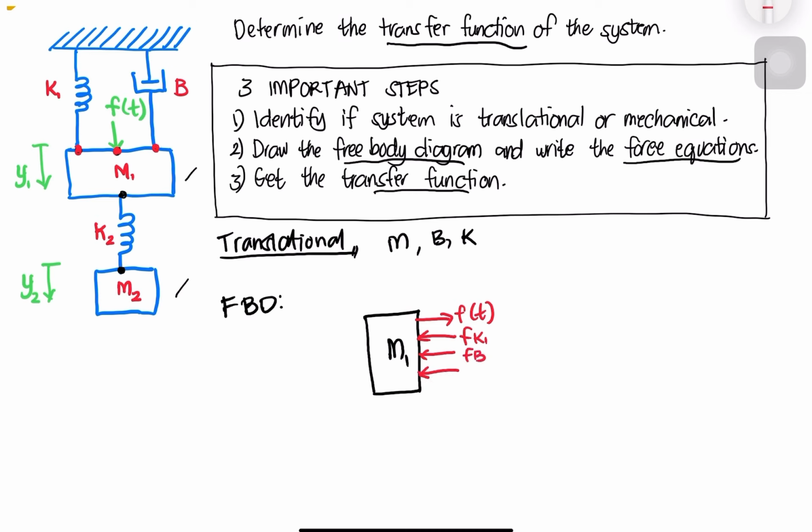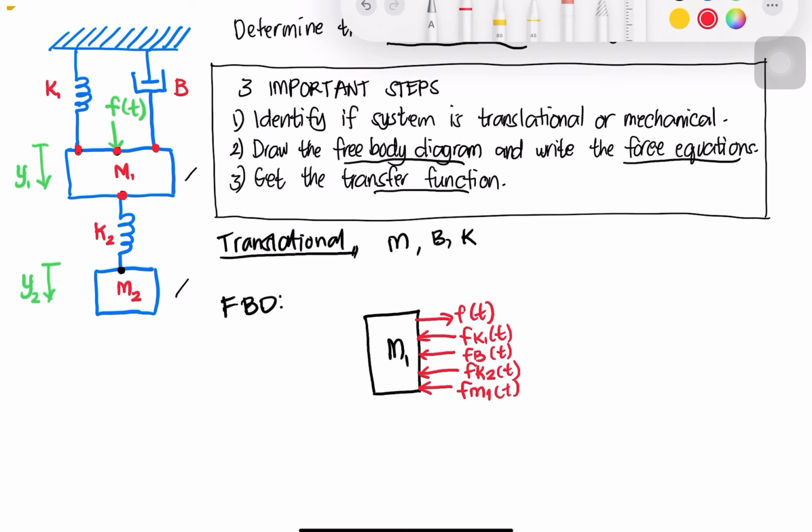And then we have FK2. Okay. And then don't forget that this box or this mass also has an opposing force from itself. So we have to indicate FM1 here. Okay, so that's for the first free body diagram.